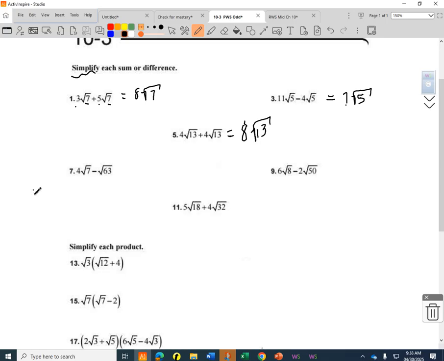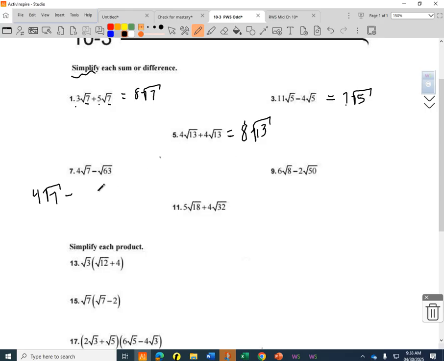So 4 square root 7, that's not going to change. Minus, is there a perfect square factor of 63, students? Which one's a perfect square, 7 or 9? 9.